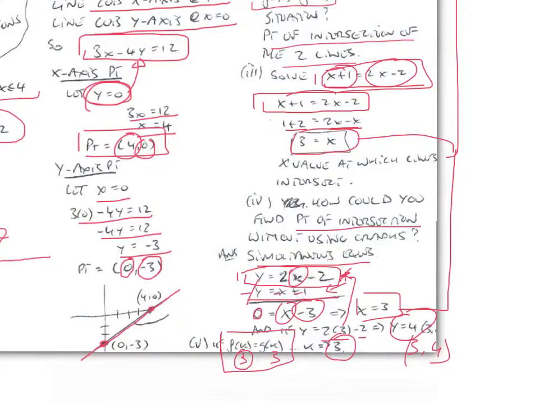I.e., if we say x plus 1 equals 2x minus 2, well, x plus 1 is 3 plus 1, that's 4. And 2 3s are 6 minus 2 is 4. So yes, k is equal to 3, and those functions will be equal.